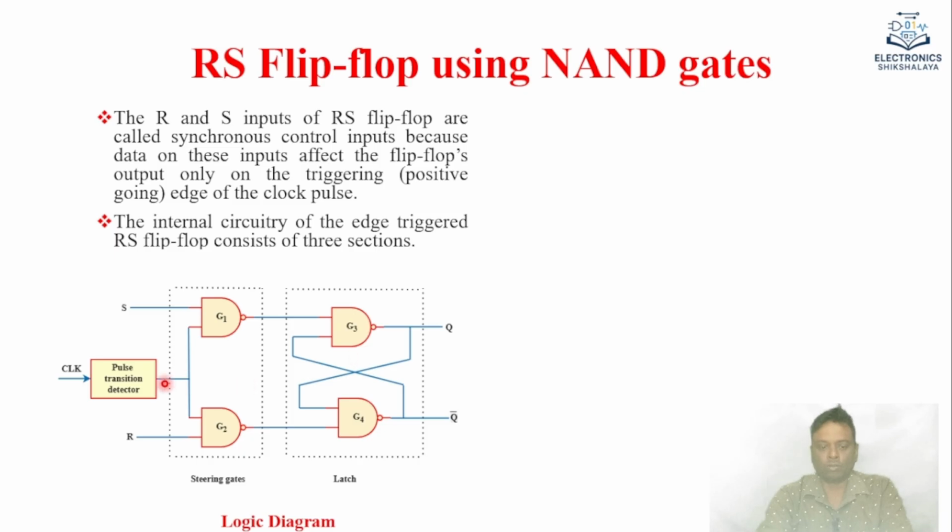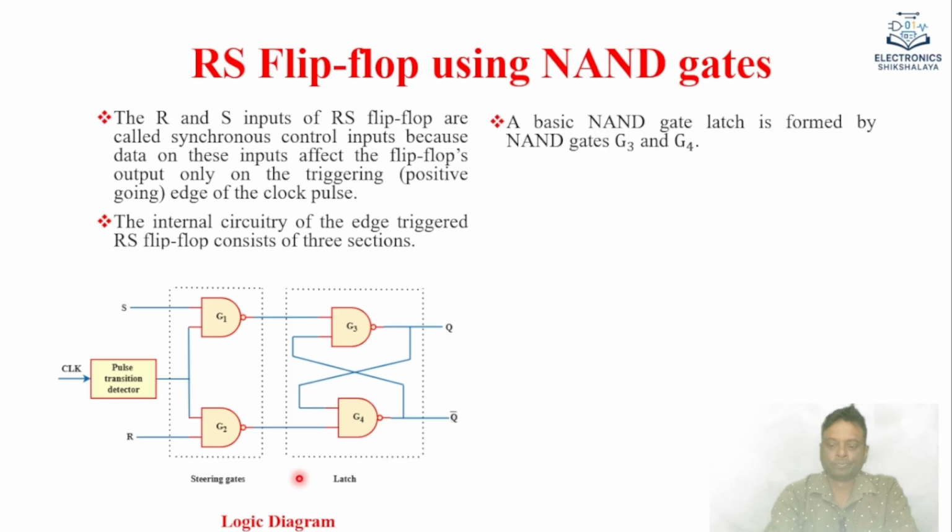The other section is a pulse transition detector, or edge detector, which passes a narrow spike to the steering gates. These are the three sections of any flip flop, and we can construct any flip flop using them.